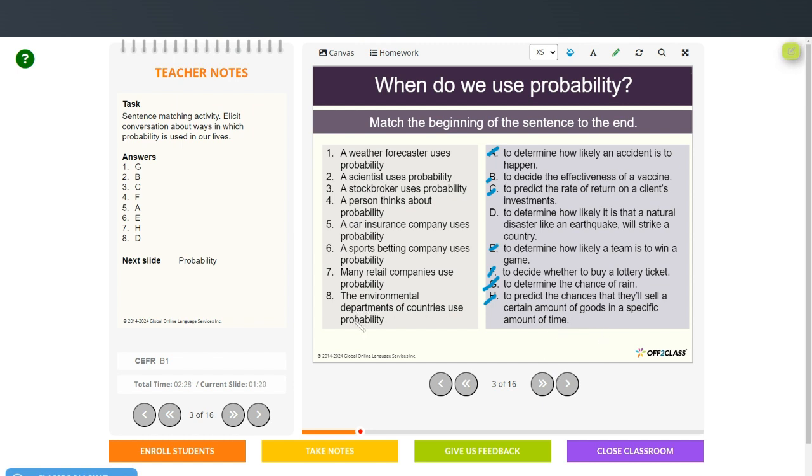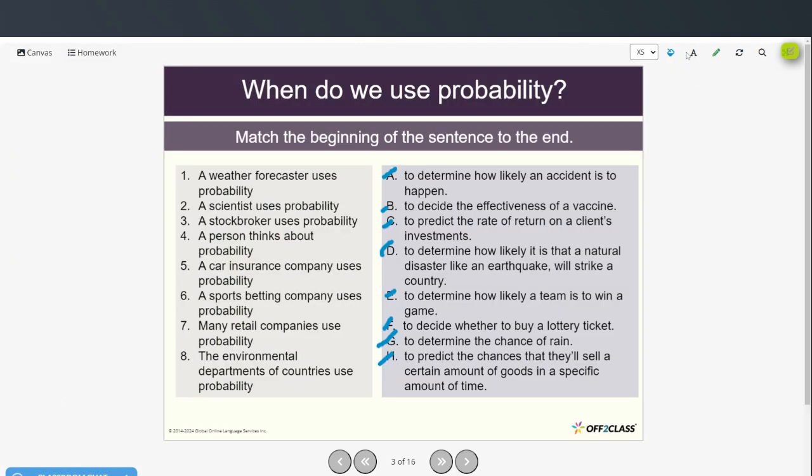And the environmental departments of countries use probability to determine how likely it is that a natural disaster, like an earthquake, will strike a country. So those are all some of the more common ways that we can use probability in day-to-day life.